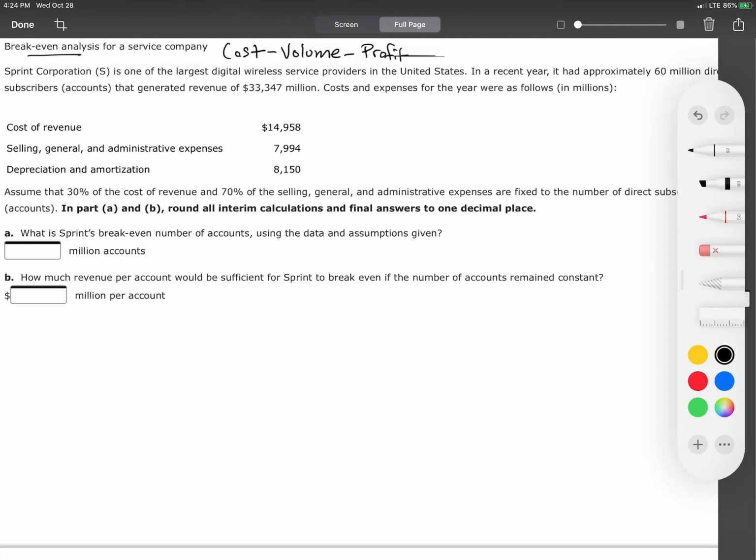Now, for this subject, cost, volume, profit, you're going to need to know this equation: S times X, the sales price per unit, times the number of units, is equal to the fixed costs plus the variable cost per unit times X plus the profit.